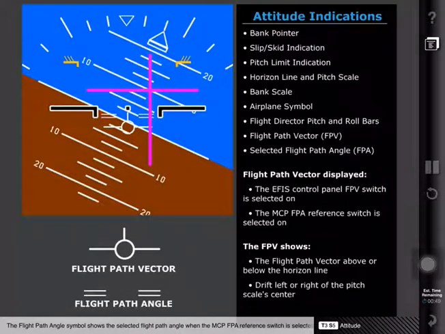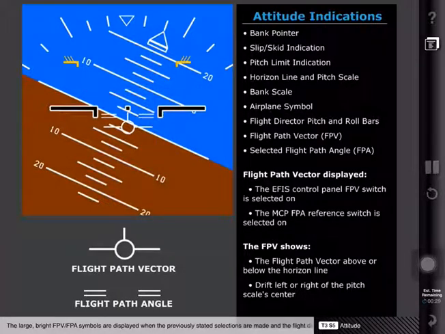The flight path angle symbol shows the selected flight path angle when the MCP FPA reference switch is selected on with either the autopilot engaged or flight director on. The FPV and FPA symbols are displayed in two sizes and brightness levels.